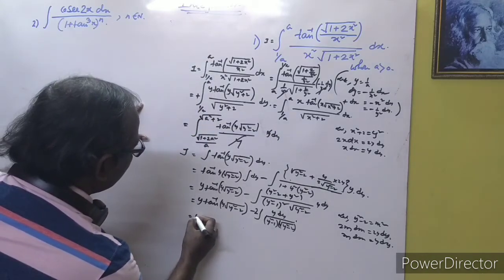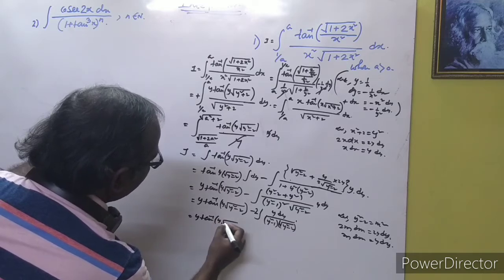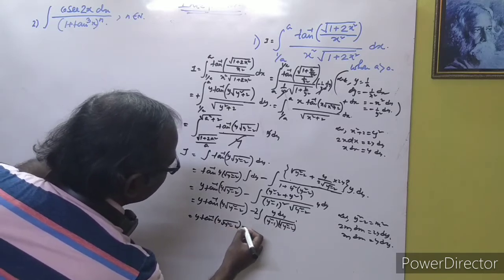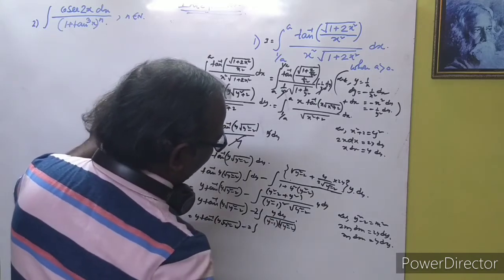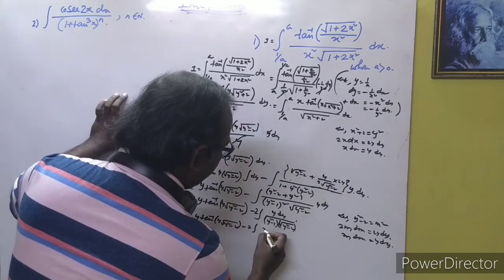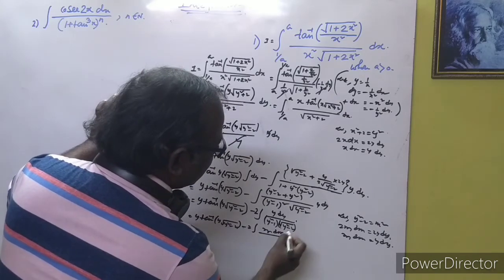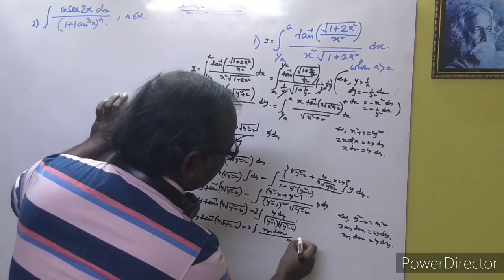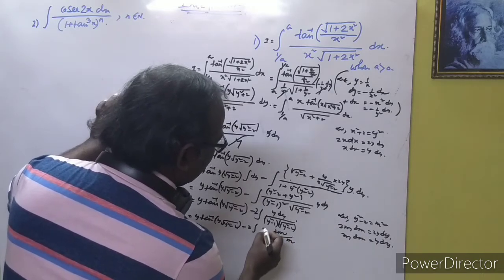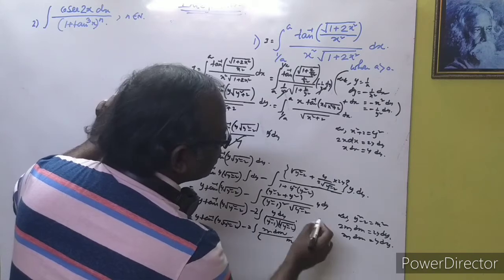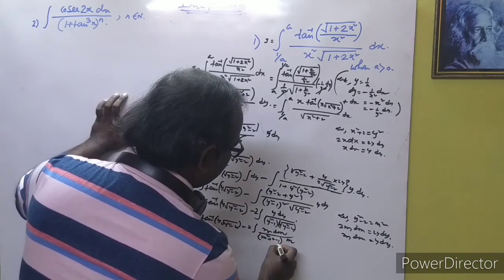So this is equal to y tan inverse y into root over y square minus 2, and here y dy is m dm, divided by m here. Y square minus 2 is m square, this is m here, and y square minus 1 is m square plus 2 minus 1.